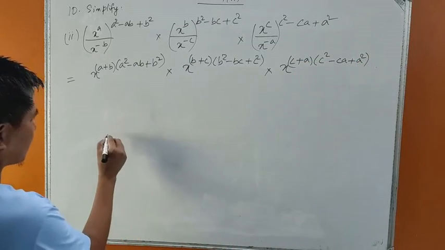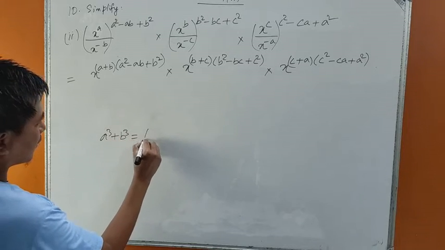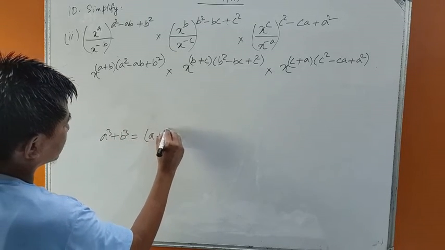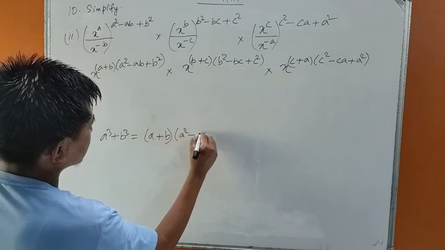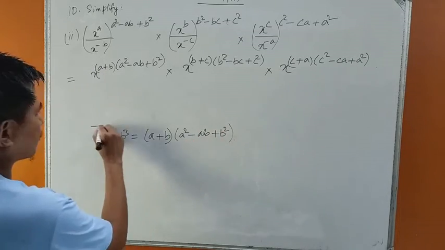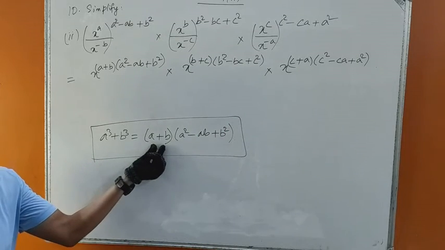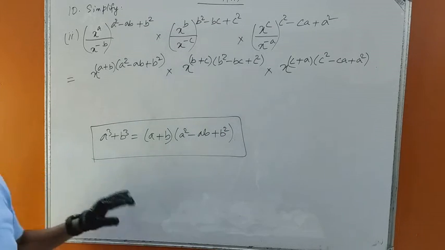So a cube plus b cube means a plus b whole a square minus ab plus b square, okay. This formula we know, we learned in class 8, isn't it? A cube plus b cube means a plus b into a square minus ab plus b square.